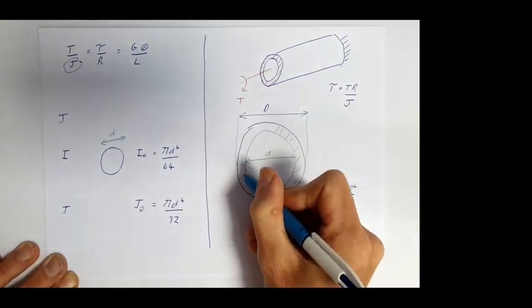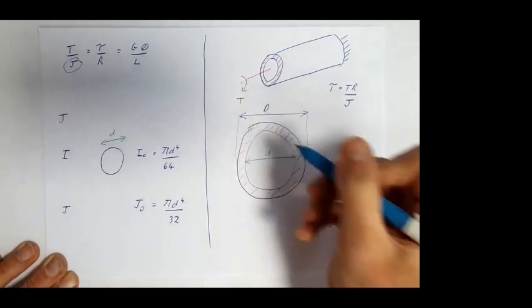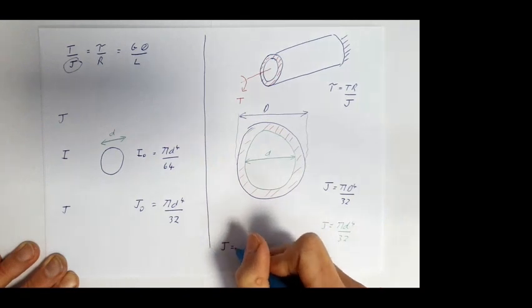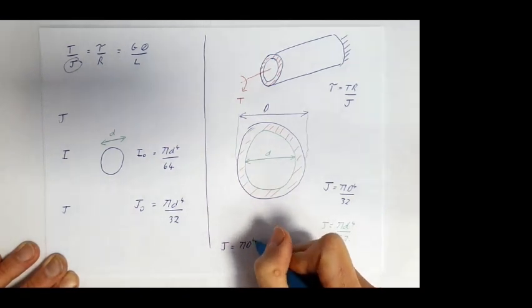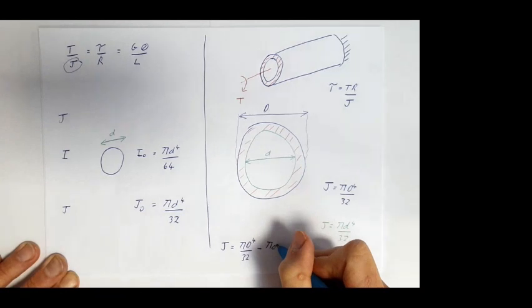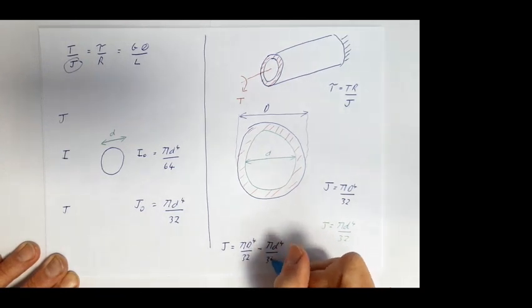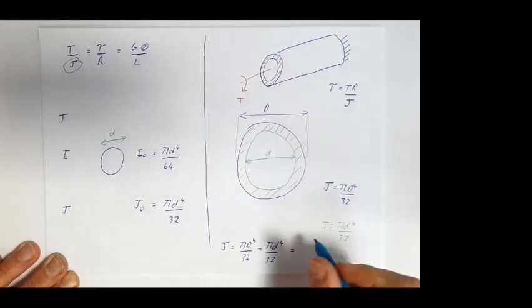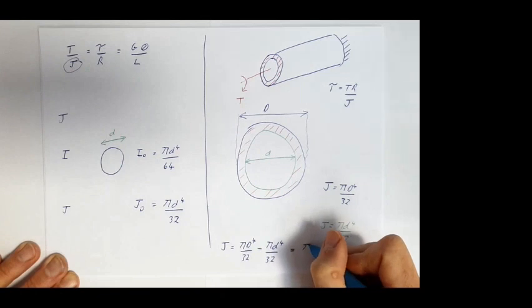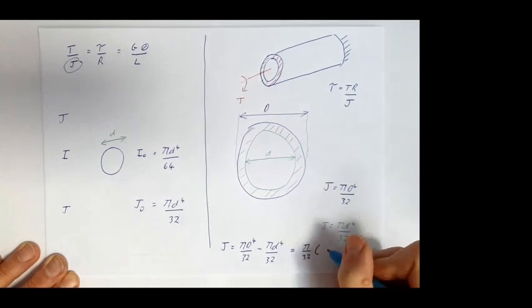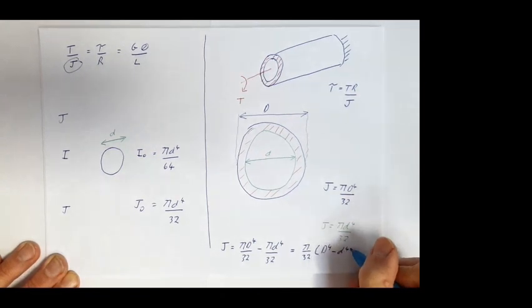That's the principle of superposition. So for the entire section, J is equal to pi D to the 4 over 32 minus pi small d to the 4 over 32. If we factorize that, we've got pi over 32 times D to the 4 minus d to the 4.